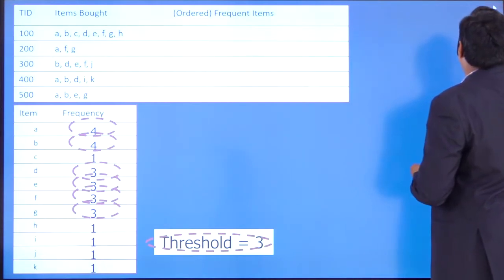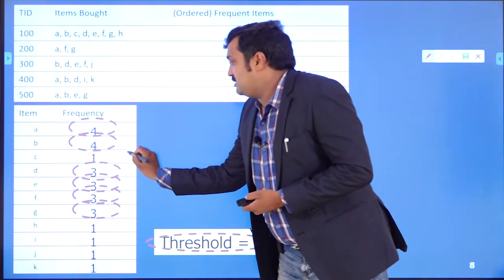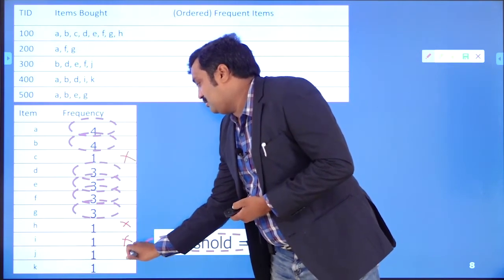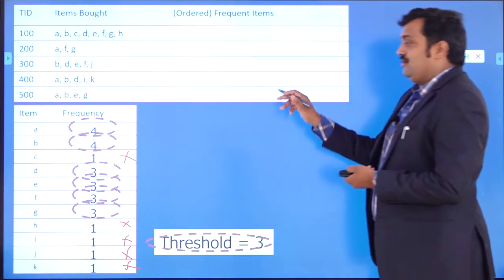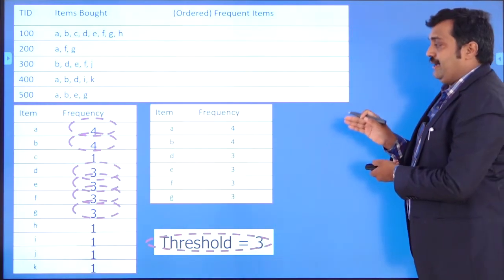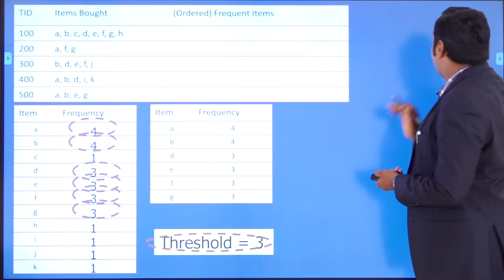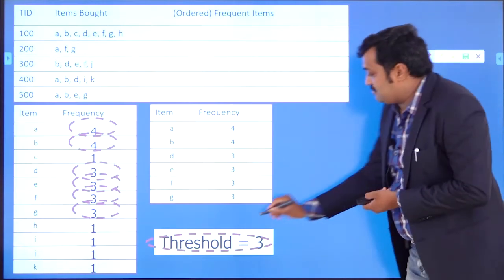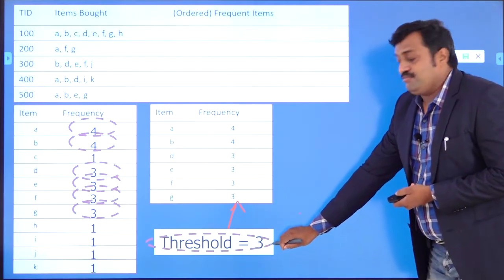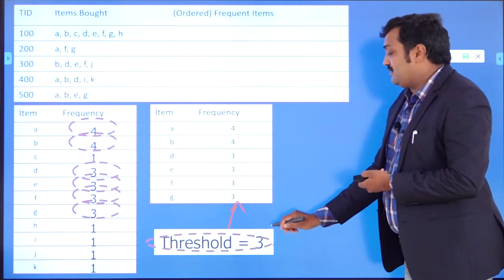The others are less than 3. So the only frequent items are A, B, D, E, F, G. These are the only items which satisfy our minimum support count threshold of 3 or above.